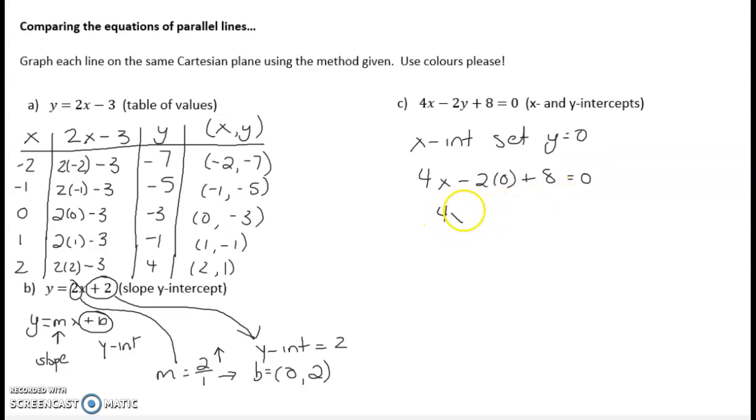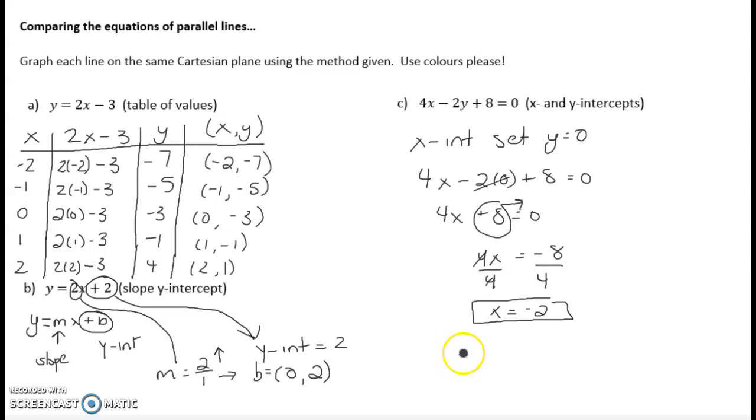So it's 4x, negative 2 times 0 is 0, plus 8 equals 0. So now we're going to move this 8 over. So it's 4x equals negative 8. To solve for x, we have to divide by 4. Do it on both sides. 4 divided by 4 is 1x. Negative 8 divided by 4 gives us negative 2.